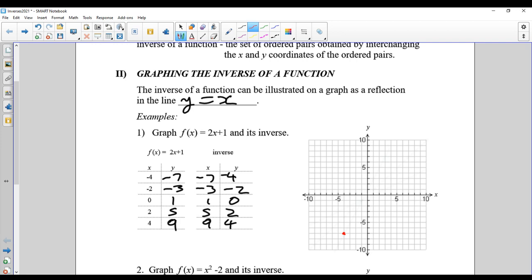Minus 2, minus 3 should be about there. 0, 1, 2, 5, and 4, 9. So I'm going to go ahead and try to put a line through all of those points.